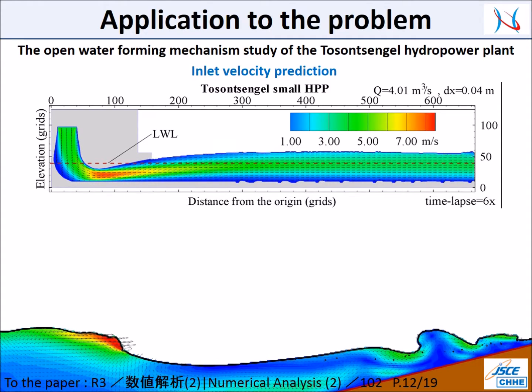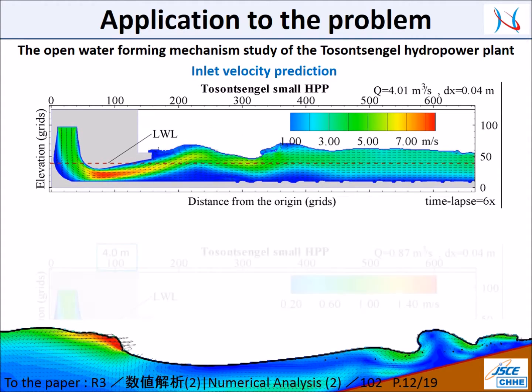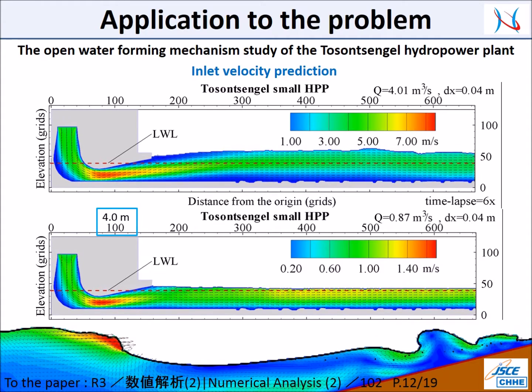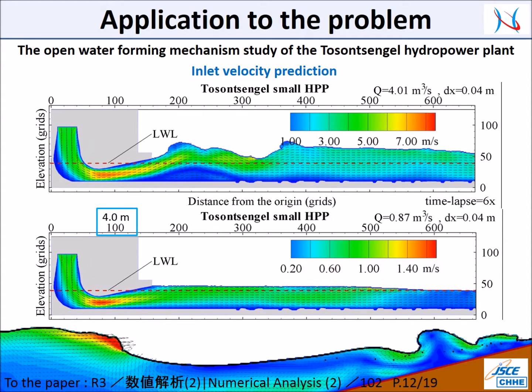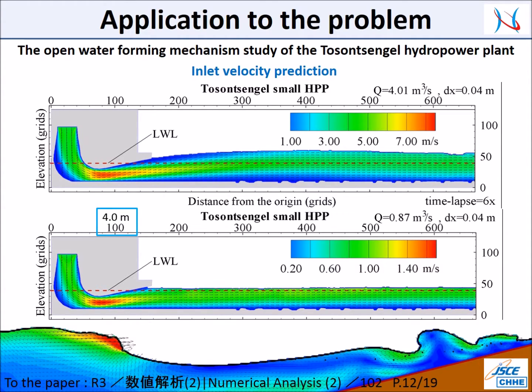So then we reduced the discharge until the low water level was maintained, and we found 0.87 cubic meter per second, and this discharge was used for the 3 cases of runs with the ice cover.